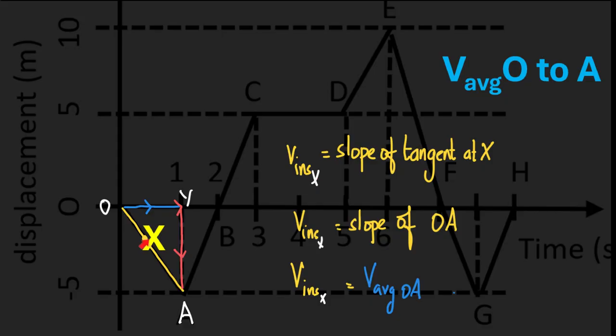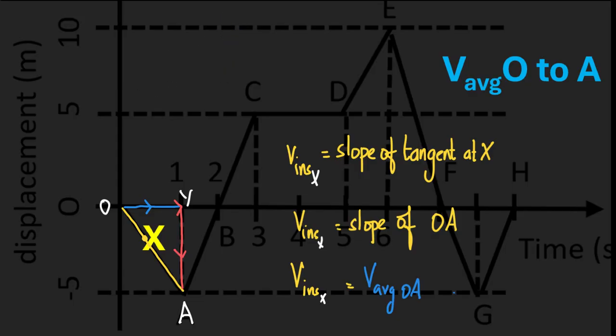We first plot the point x, draw a tangent there, and then find the slope of it. Now, the graph is not curved in nature here. It doesn't look like a curved graph, wherein you can find a point here and then draw the tangent, find a point there, draw the tangent. This graph is instead a straight line graph. This is moving up like this. So along the straight line, just give me a minute.